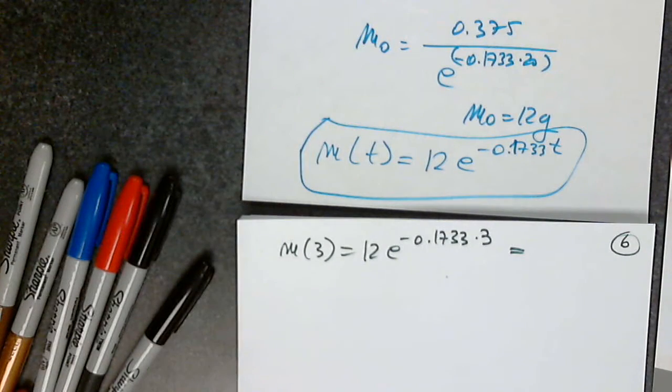And I go back to my calculator and I have 12 multiplied by e raised to, in parentheses, negative 0.1733 multiplied by 3.